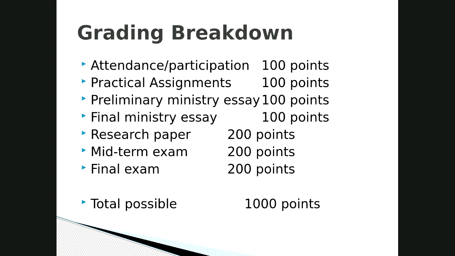Now, there are 2 reasons that I do my grades out of points rather than percentages. The first one is because at any point in the semester, you can figure out where you are, what you need to do, and what's left to get the grade you want to get. And it's just addition and subtraction.